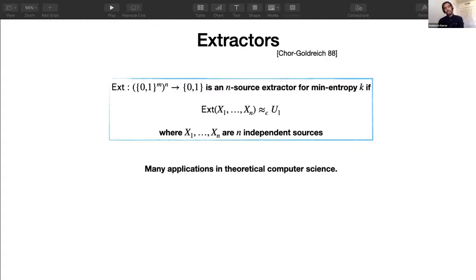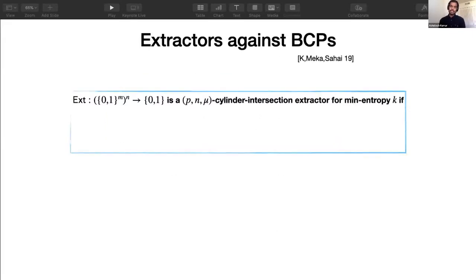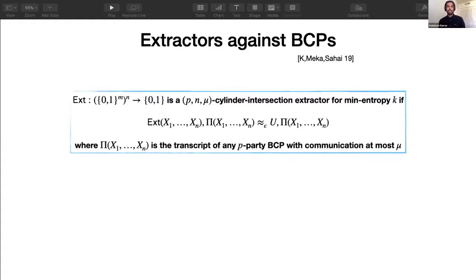The focus of our work is: can we extract even if there is some leakage on the input sources? This was formalized as cylinder intersection extractors in KMS. Basically, it's a strengthening of the same setup. There are n sources. The extractor output should look uniform, even given the transcript of a BCP protocol running on these n sources.